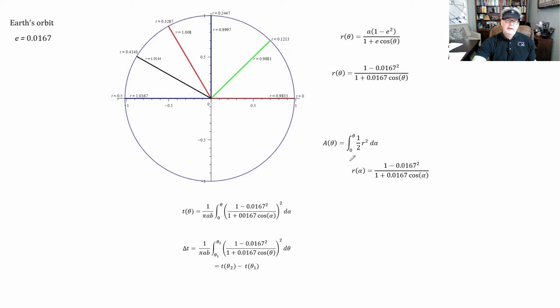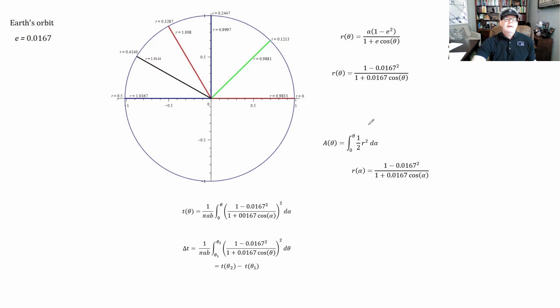Then we know the formula for the area in terms of theta, 1/2 r squared d alpha, if I want my upper limit to be theta. So I can get the time in terms of theta. Let's just look at the times for different planets.